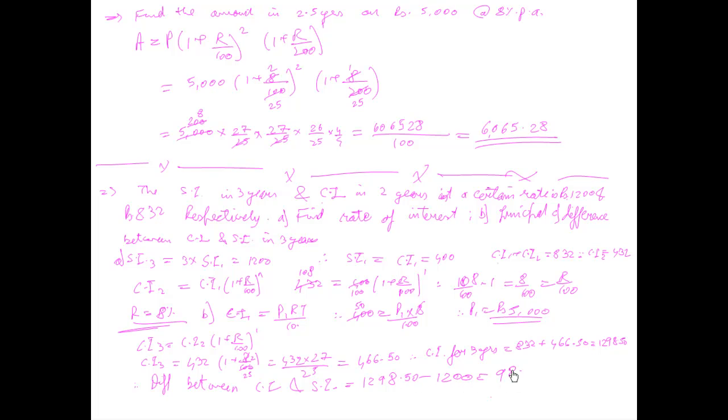That's 98 rupees 50 paise. That's how much more the person would have got because of compound interest, which he wouldn't have got if he had given it for simple interest. Just remember that. They never ask you sums based on simple, it's always on compound interest only, but just remember that.